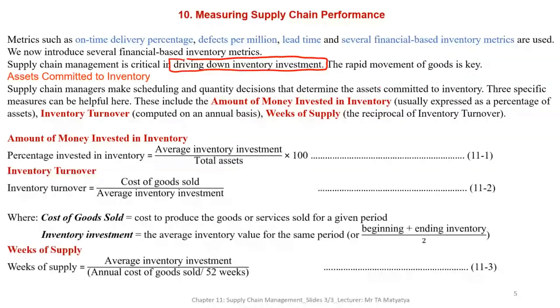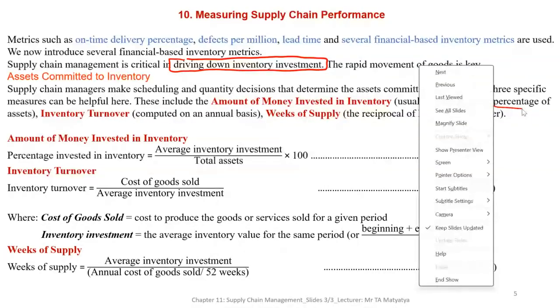Asset committed to inventory. Supply chain managers make scheduling and quality decisions that determine the assets committed to inventory. Three specific measures can be helpful here, and they include: amount of money invested in inventory, usually expressed as percentage of assets.